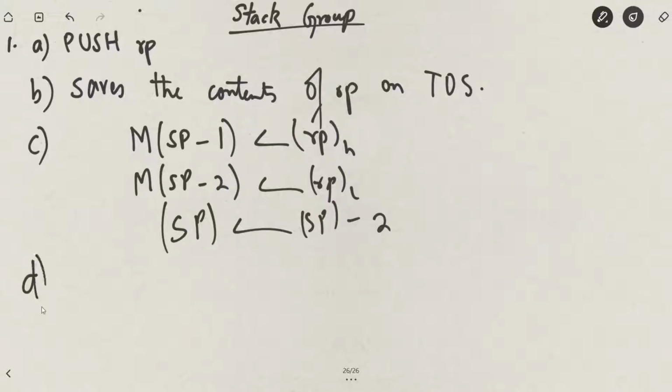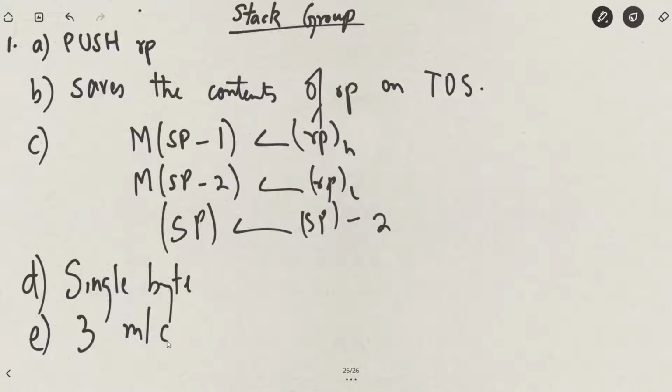Since the register pair is internal memory of the microprocessor, it will not consume any memory. So it's a single byte instruction where the opcode will take up 1 byte of space. As far as the machine cycles go, there will be 3 machine cycles, and if you can guess, the first is the opcode fetch machine cycle.